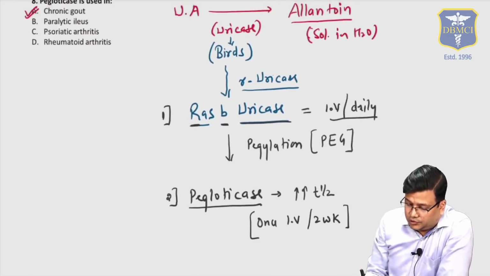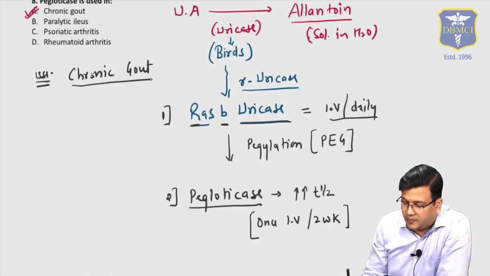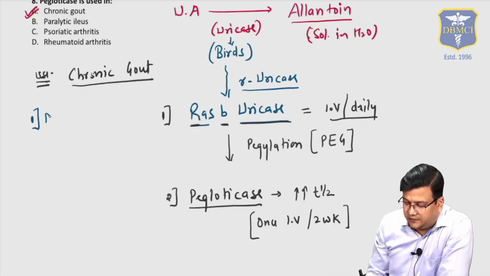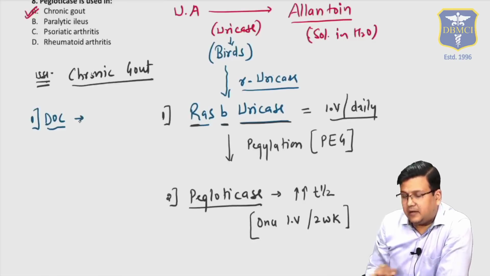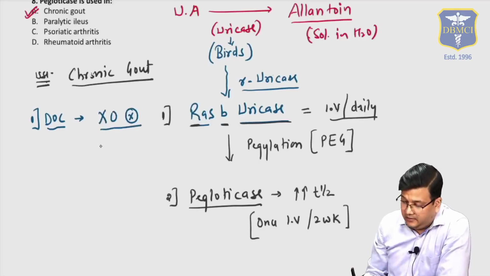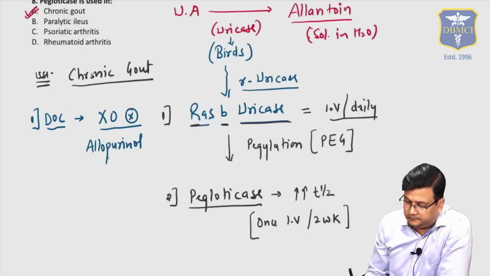Coming to its use. So patient has chronic gout. If you are asked what is the drug of choice for this chronic gout, then xanthine oxidase inhibitor drugs, like allopurinol, or there is a new drug febuxostat.